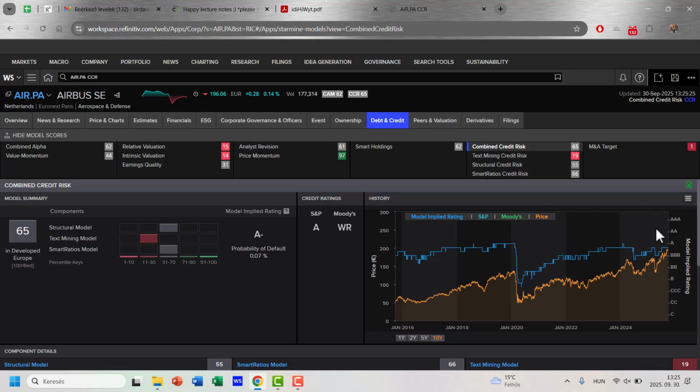This is Refinitiv's own rating, and in this case we can see that they are also using a text mining model. So not just looking for structural ratios or something which would define the company, but they are also mining all the news, all the data which is coming in forms of text.